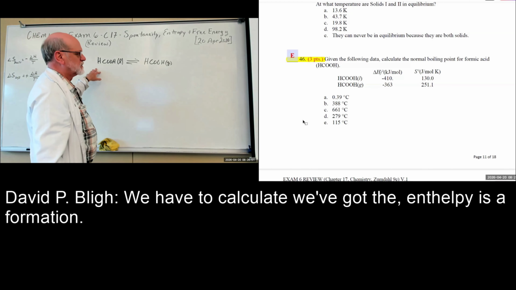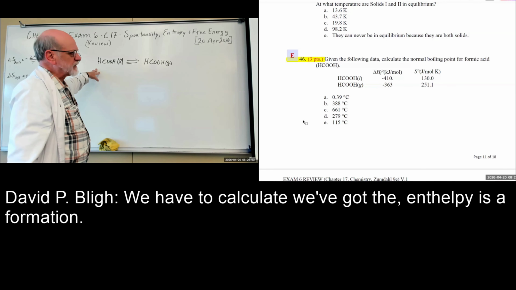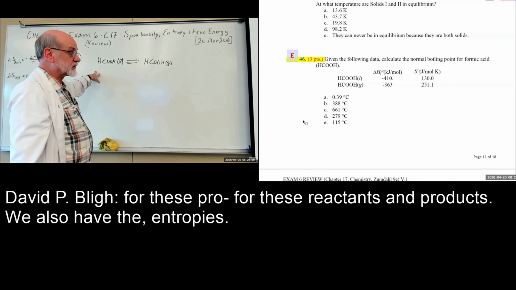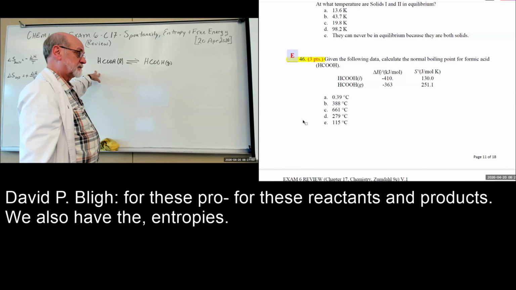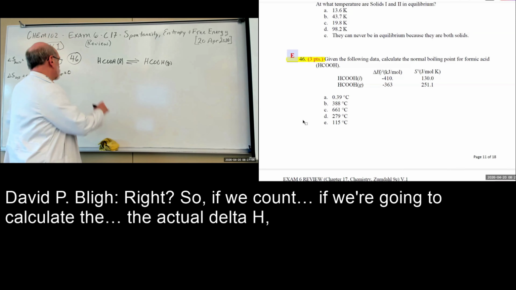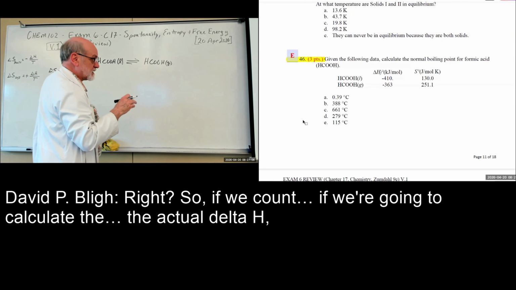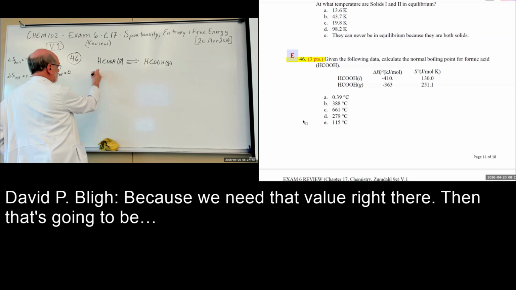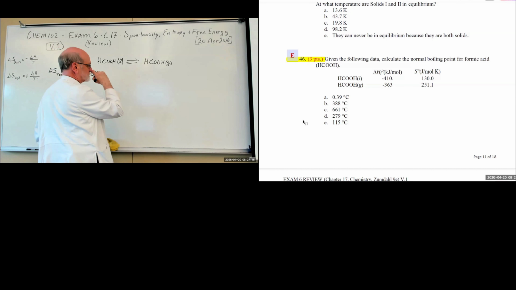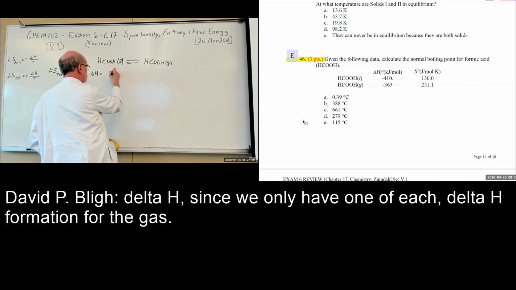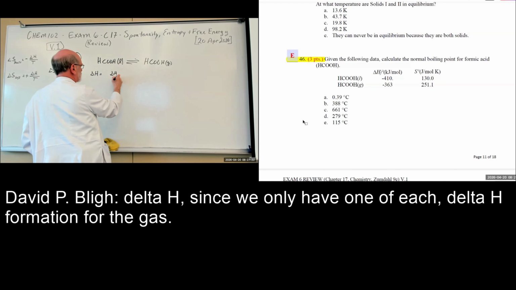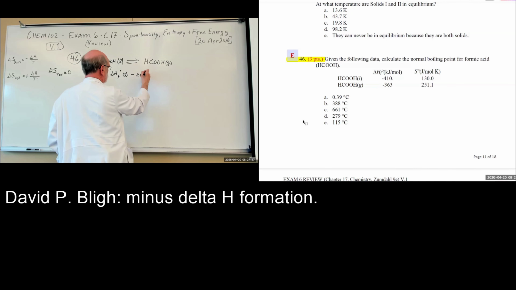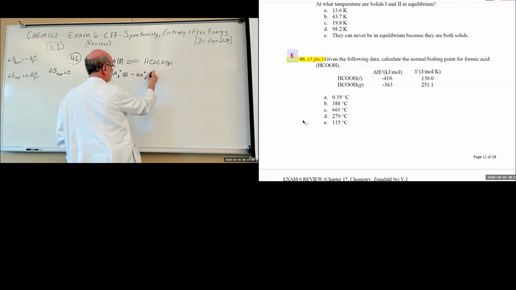We have the enthalpies of formation for these reactants and products. We also have the entropies. If we're going to calculate the actual delta H, because we need that value, since we only have one of each, it's delta H formation for the gas minus delta H formation for the liquid.